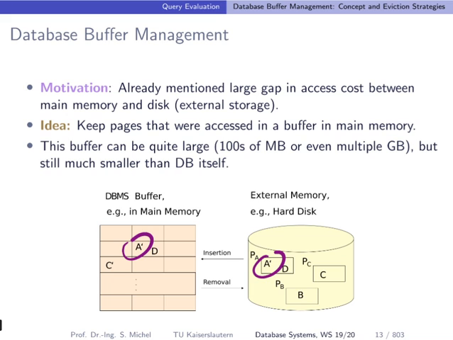What we are concerned with now in the next minutes is to understand why database buffers work and what are different strategies in order to kick out pages which are seemingly not required anymore to make space for pages that are more recently or more frequently accessed.